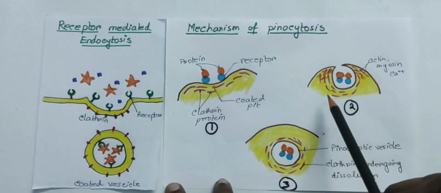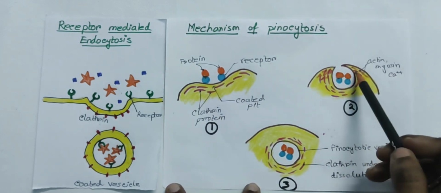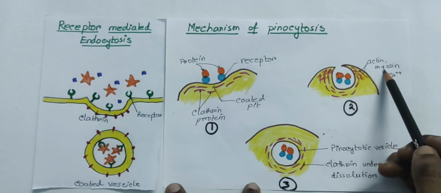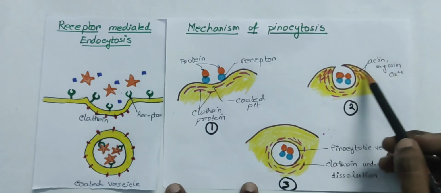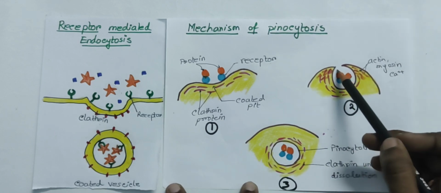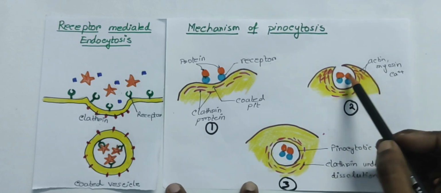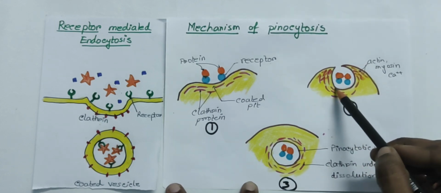For the second step, what happens? There are some proteins called actin and myosin. We all know that actin and myosin are contractile proteins. They do the same thing here. They contract the plasma membrane from this part, which means they try to form a vesicular structure.